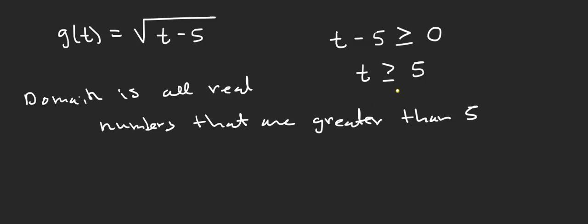So let's try. What happens when the number is not greater than or equal to 5? Let's try 4. What's 4 minus 5? Negative 1. And what's radical negative 1? That's i, imaginary. So it doesn't exist. So in order for this function to exist, it has to be a real number that is greater than or equal to 5.